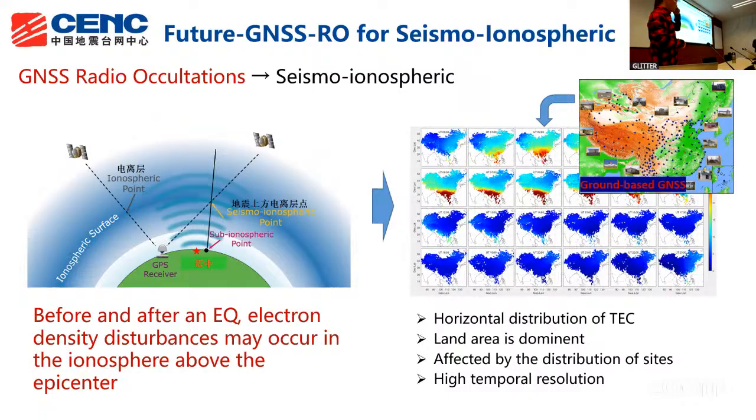For now, the research gives the answer of between hours to days. So, yeah, it's very short. If we can detect this disturbance before the earthquake, we can do something for the earthquake forecast.